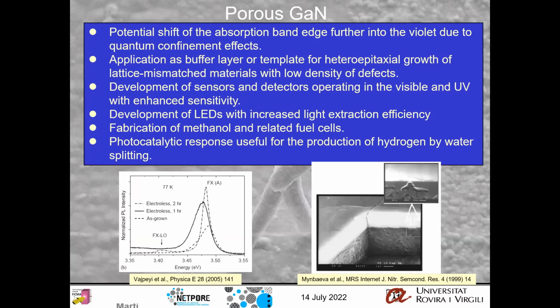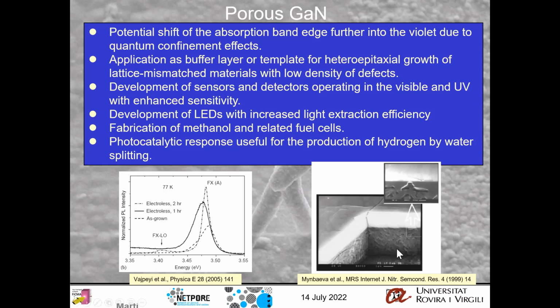When we focus on porous gallium nitride, some of the properties that make this material attractive for us are, on one side, the potential shift of the absorption band edge farther into the violet due to quantum confinement effects.